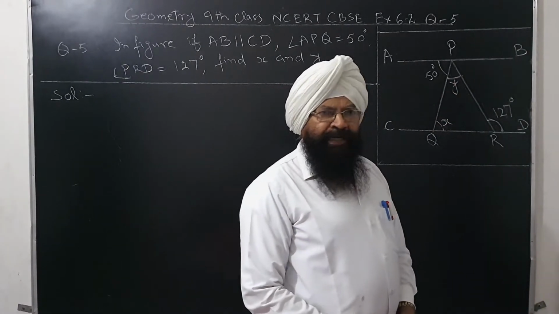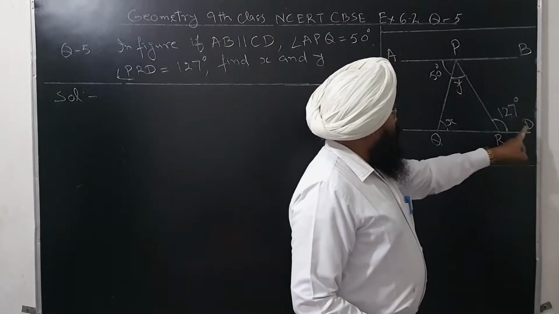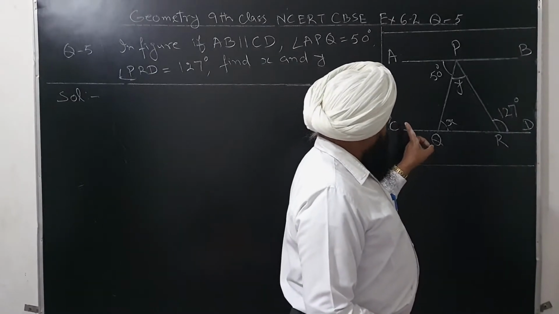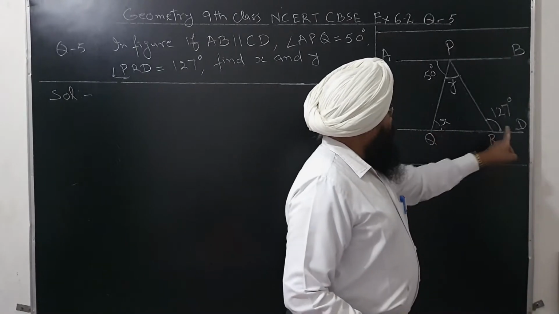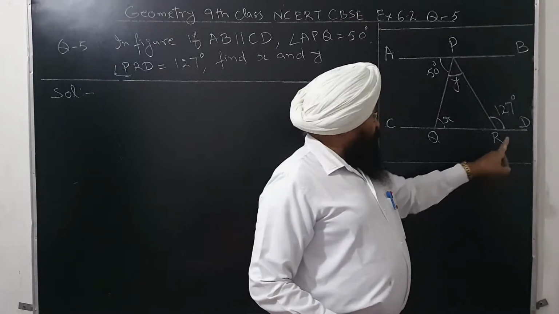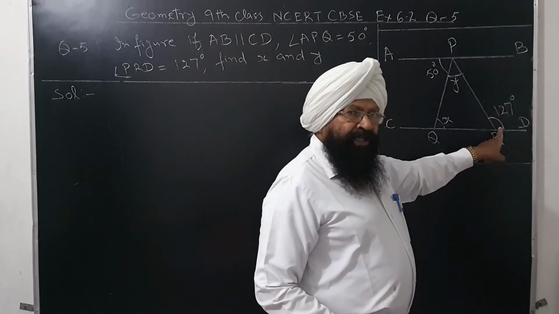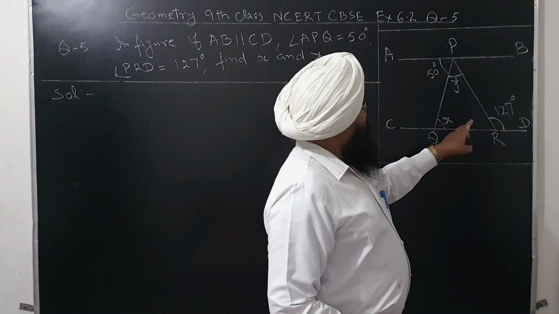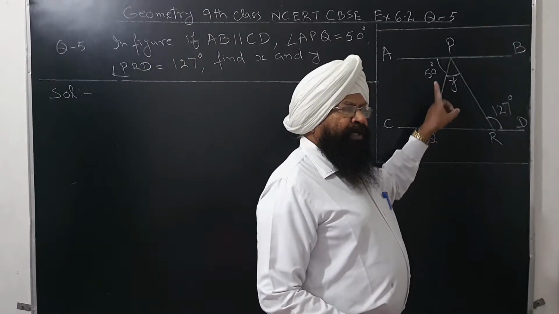Similarly, then we are to find angle Y. How we will be able to find it? This angle 127 degree, angle PRD, this is the exterior angle when we produce QR up to D, and PQR is a triangle. One side QR is produced up to D, and it is exterior angle, and you know that the exterior angle is equal to the sum of interior opposite angles.